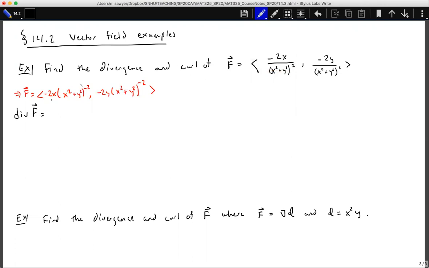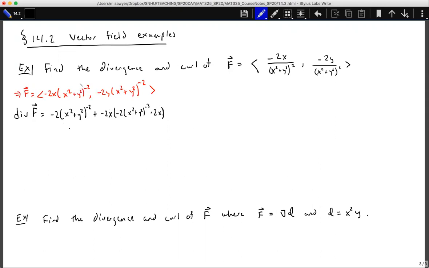So I'm looking at the partial with respect to x. This is a product rule, so I do the derivative of the first, negative 2, times the second piece, plus the derivative of the second, so negative 2 times (x squared plus y squared) to the negative 3. Chain rule says 2x, and that's in my parentheses.